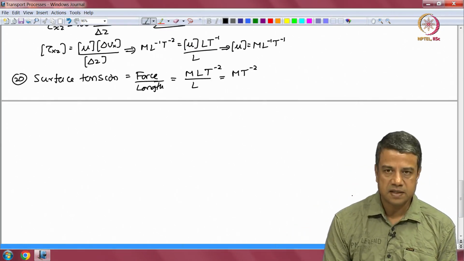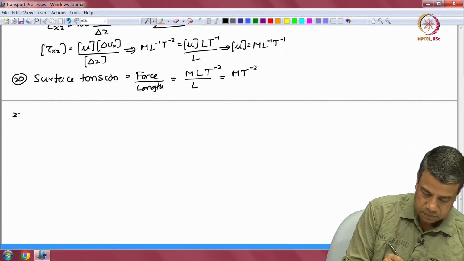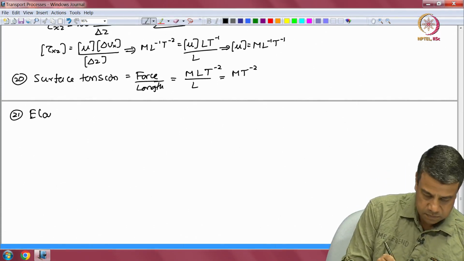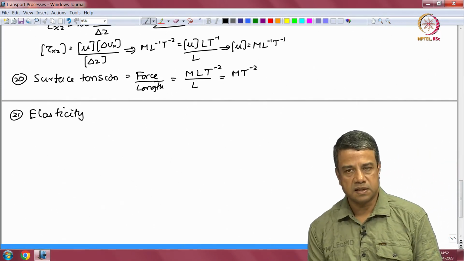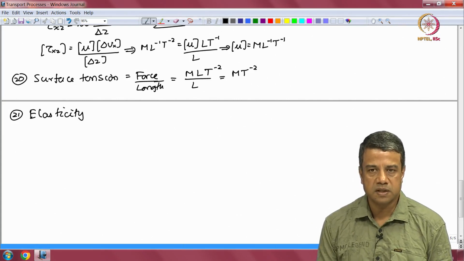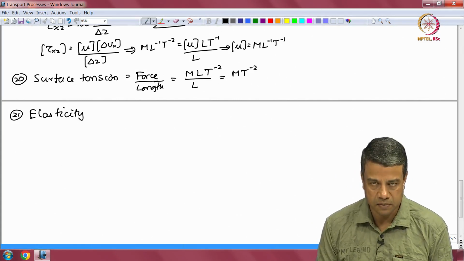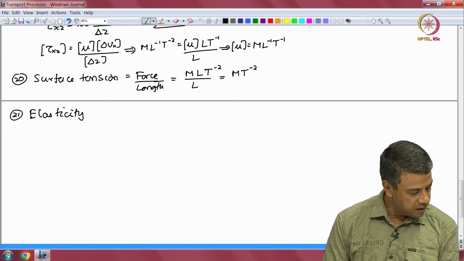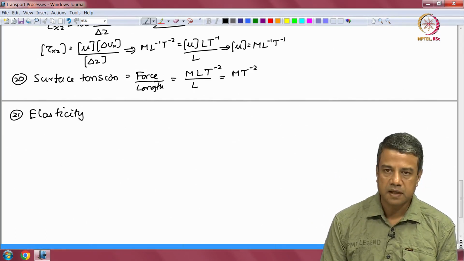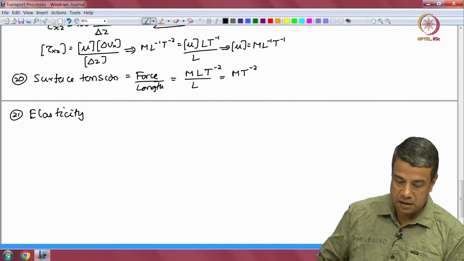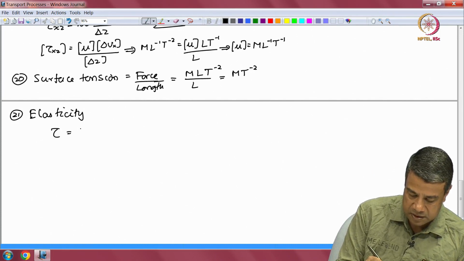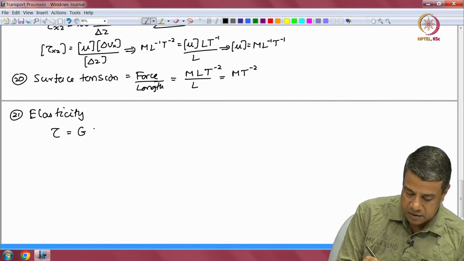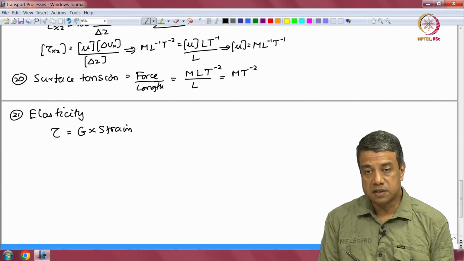What is the dimension of elasticity? The dimension of elasticity is obtained from a relationship which contains this elasticity and other quantities. For this we need to define a relation for the elasticity, and that is that the stress is equal to the elastic coefficient, which I will call here G, times the strain. What is the strain on an object?